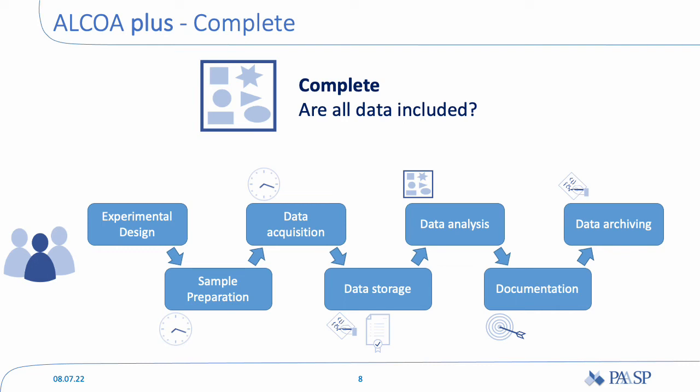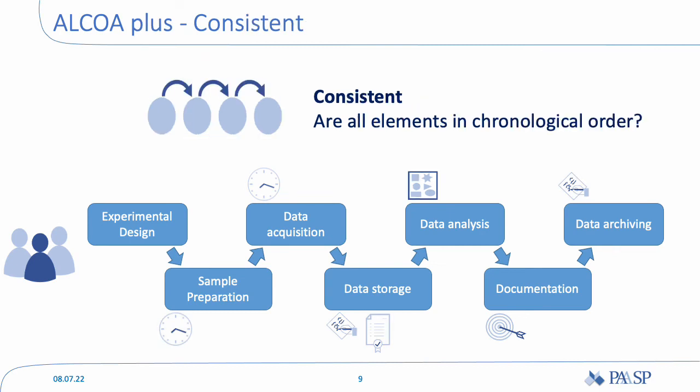Meaning, are all steps of the experiment and data included in the documentation, such that other researchers could reconstruct the experiment. The data should be consistent, meaning that all elements should be in chronological order and as planned.